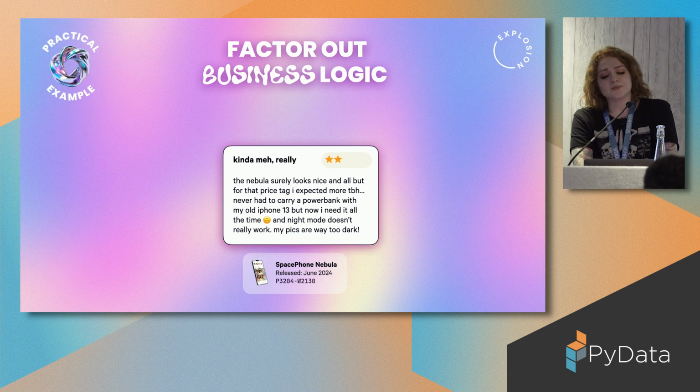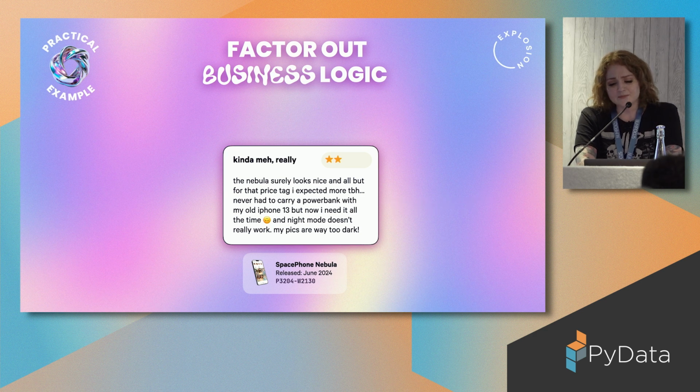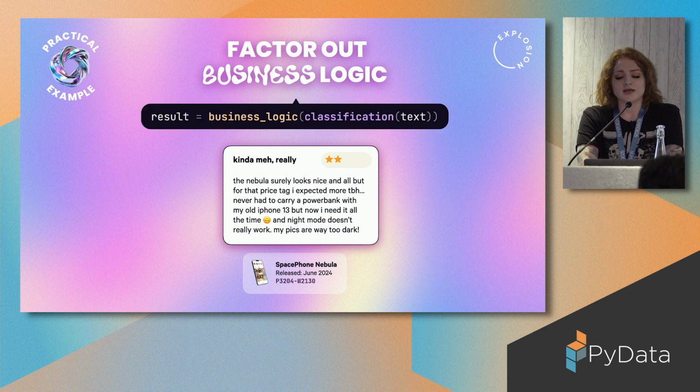And when talking about business logic, what do I mean by factoring out business logic? One way to break this down is into this little formula where you apply the classification to your text and then apply the business logic on the result.